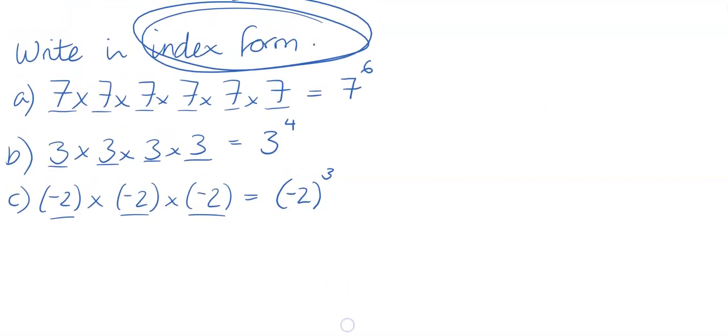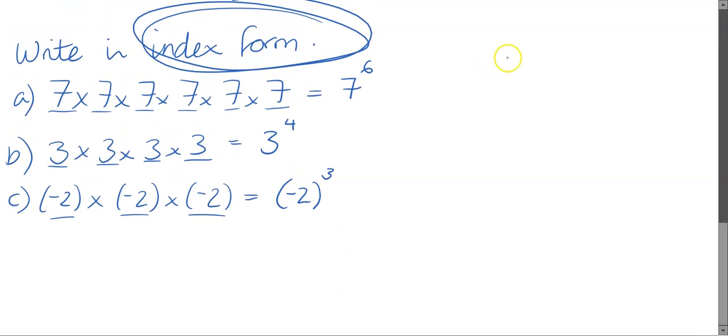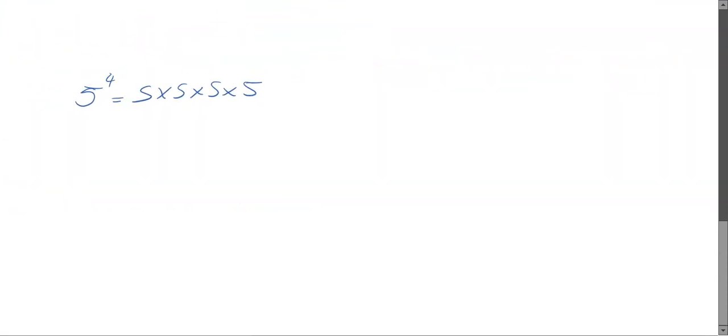They can ask you to work out things like 5 to the 4. Of course they can. So this could come up on a non-calculator paper. If they ask you how to do that, personally, I know that 5 times 5 is 25. So I've got to do 25 times 25.